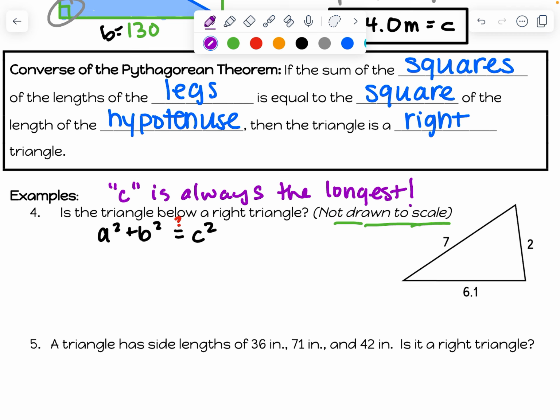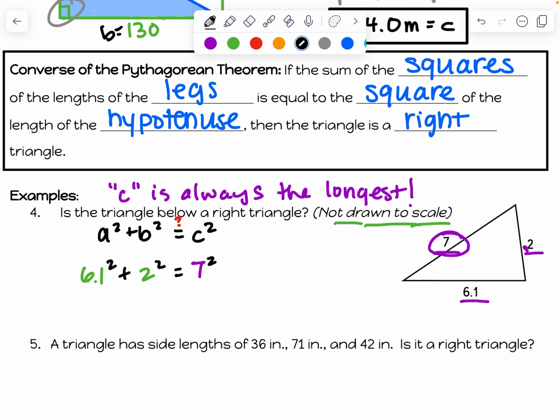So we know all 3 numbers: 2, 6.1, 7. We just take whichever one's biggest. Well, 7's the biggest. So 7 is going to be our c. And 6.1 and 2 will be our other, our potential legs.